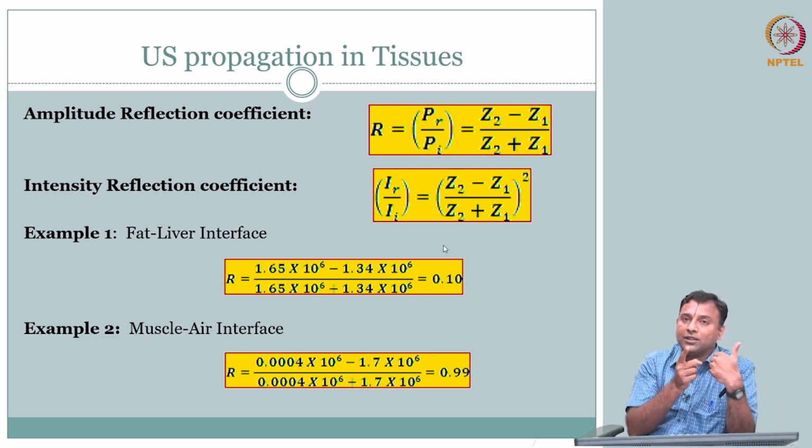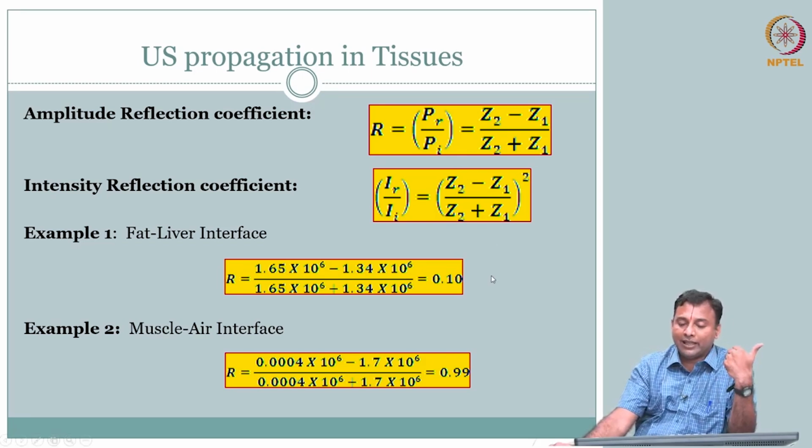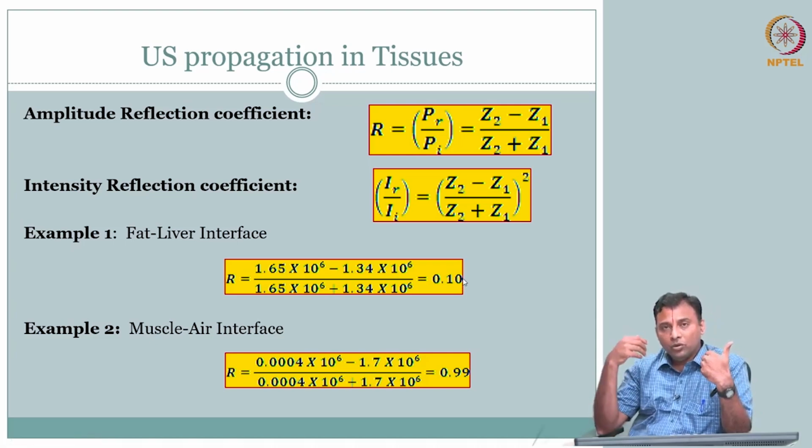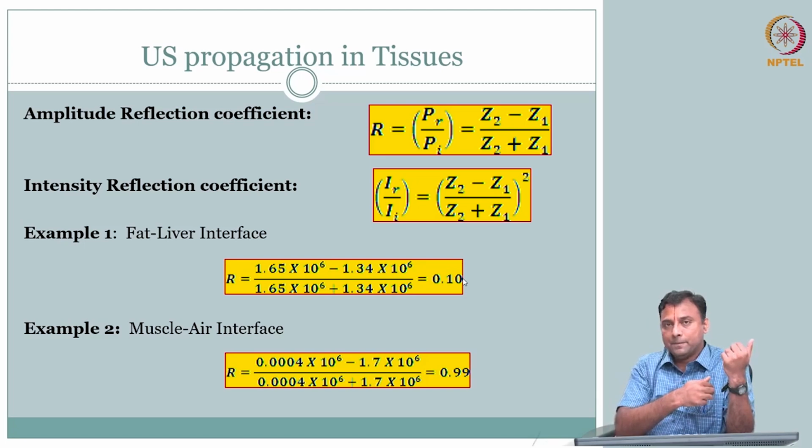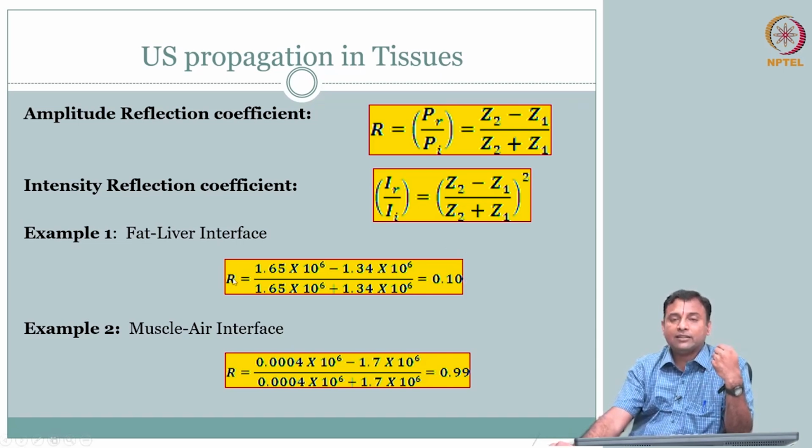So the good news is little reflection happens, and therefore you have enough pressure wave to go deeper. The downside is I am getting a reflected signal back, but the quantity is less.